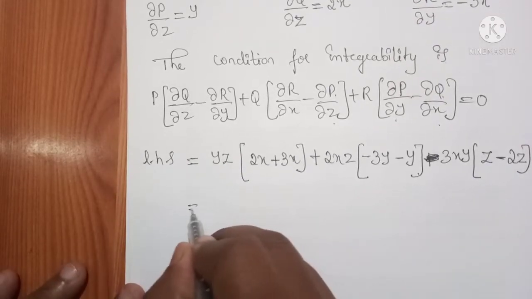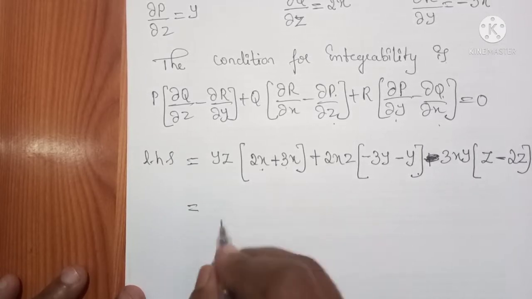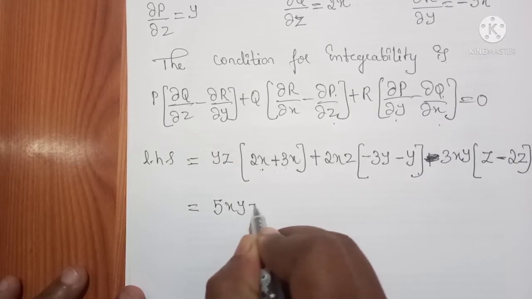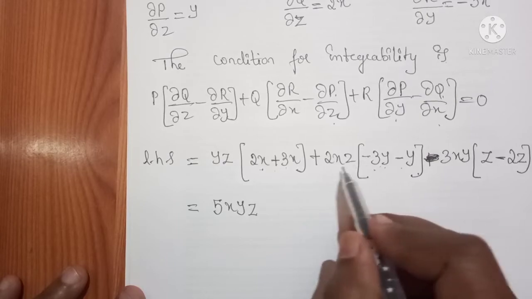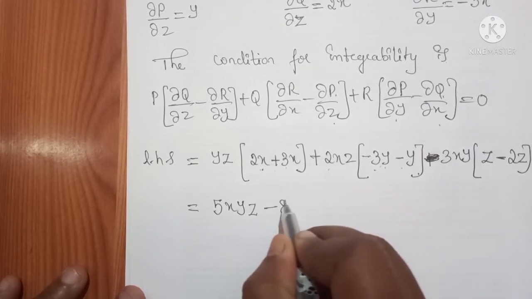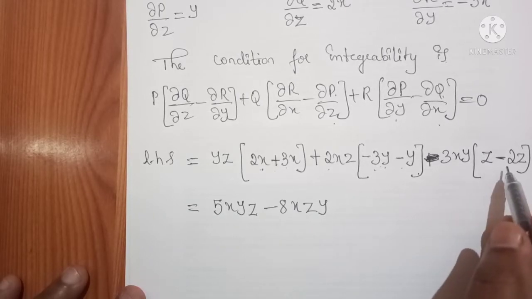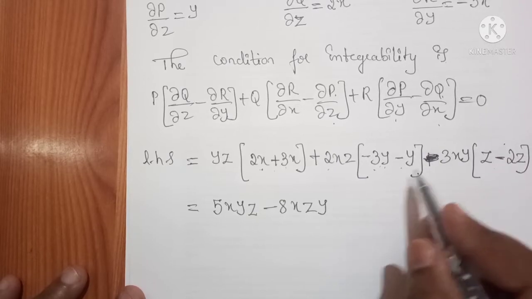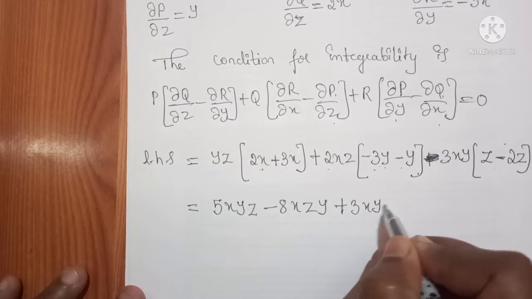Now simplifying this, we get 2x plus 3x is equal to 5x, so 5xyz. Here we get minus 4y, minus 4 into 2 equals to minus 8xyz. Here z minus 2z equals to minus z, minus into minus plus 3xyz.